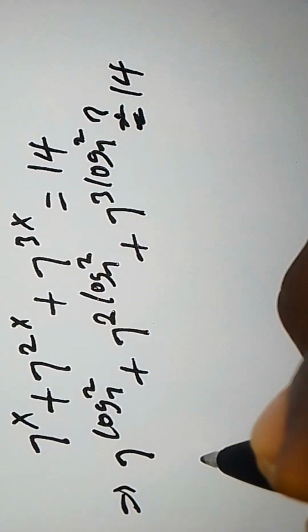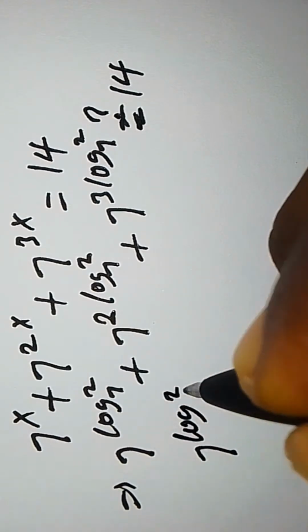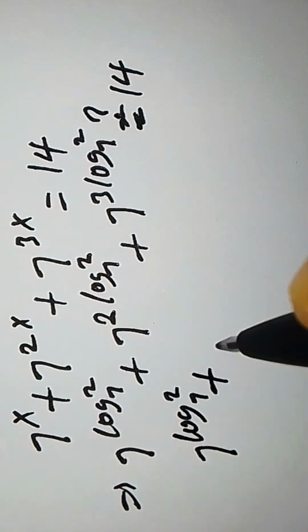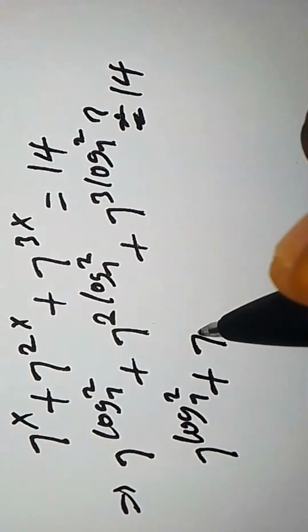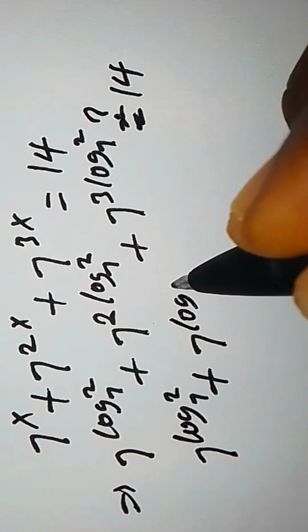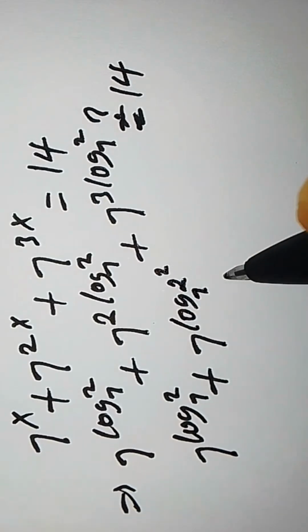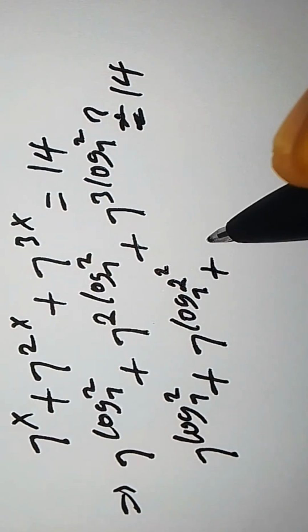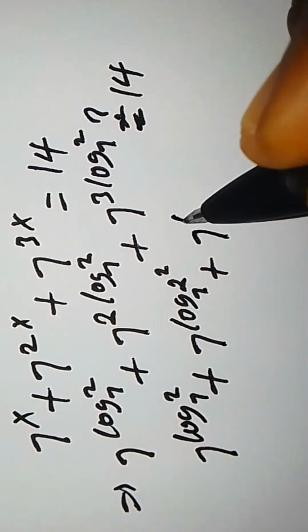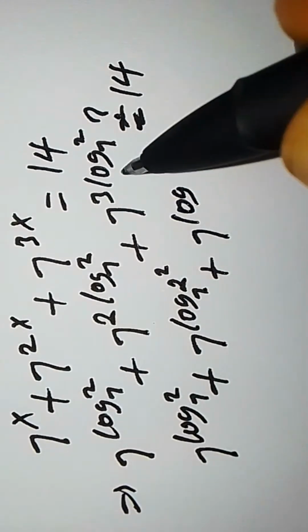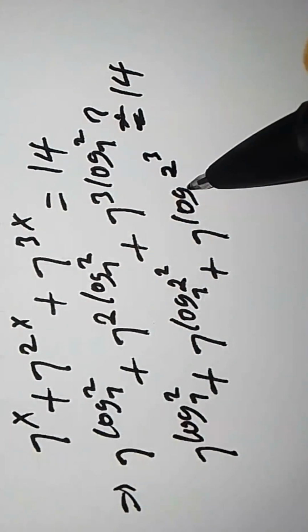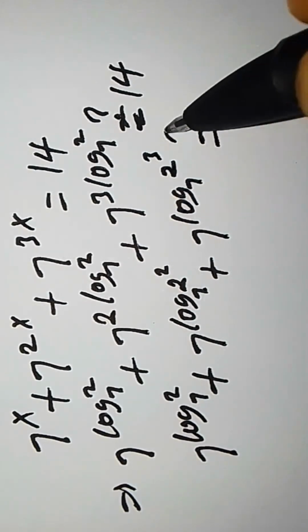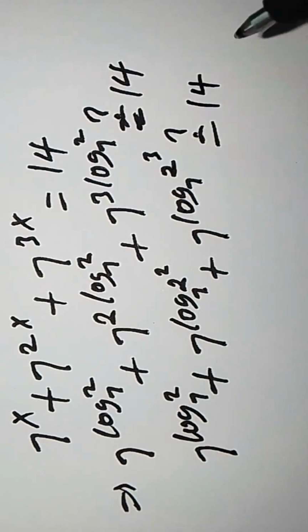So we have 7 raised to log 2 base 7 plus 7. If we move these 2 up, that will be log 2 squared base 7 plus 7 raised to log. When we move these 3 also up, that is 2 cubed base 7. Let's put the question mark here, equal to 14.